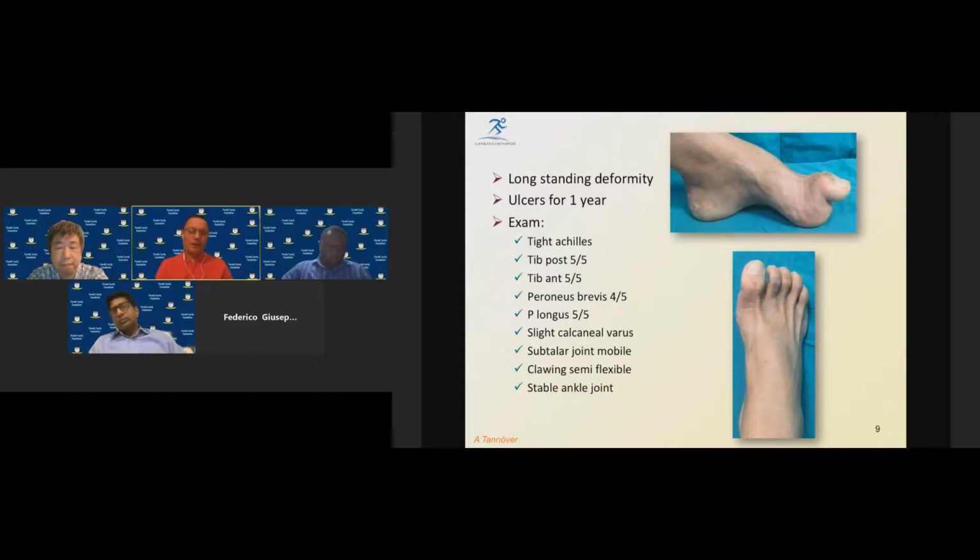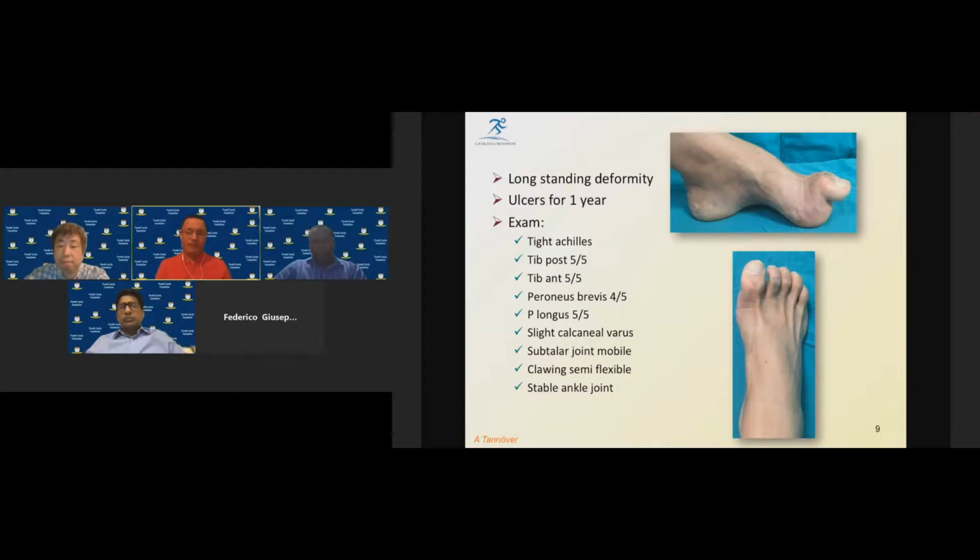As I said, he has slight calcaneal varus, but the examination reveals a little bit of mobility in the subtalar joint and in the midfoot. And clawing is semi-flexible. You cannot reduce it perfectly, but it's a little bit flexible, which encourages me not to do midfoot osteotomies or so much extensive surgery.